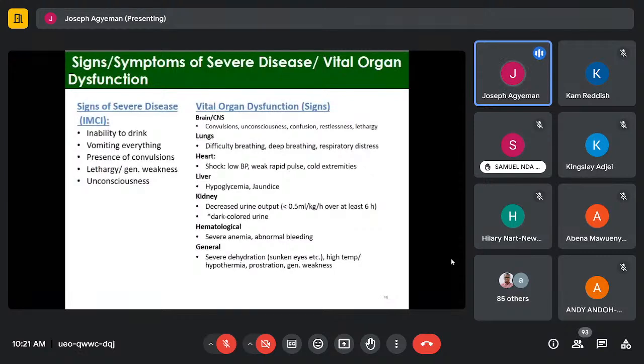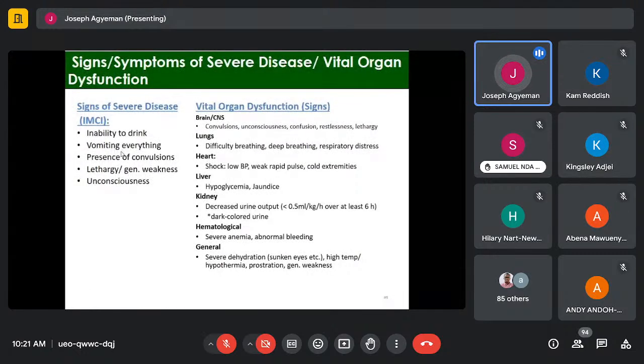So let's look at the signs and symptoms that normally happen. You'll see that now the patient, especially if it's a child, will not even be able to drink or eat anything. Whatever you give will come out, so vomiting everything that he or she takes.